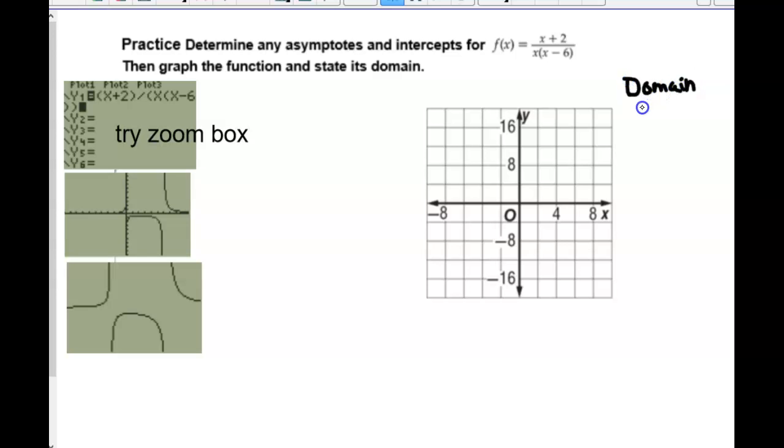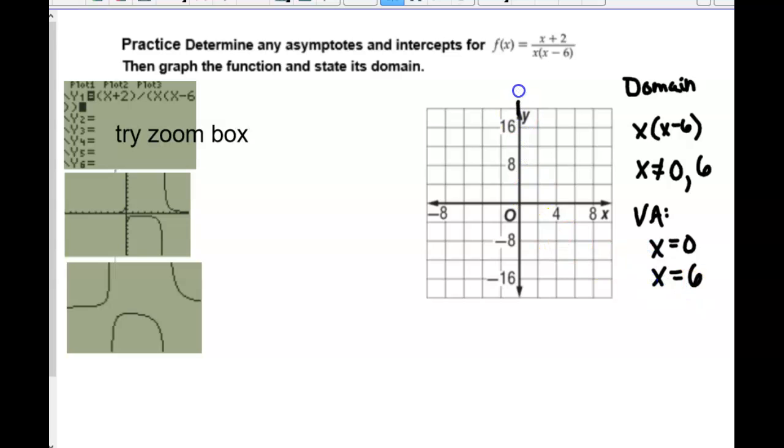What are the two things that would make the denominator 0? x cannot equal 0 or 6. So there are two vertical asymptotes. They occur at x equals 0 and at x equals 6. Now x equals 0 is the y-axis, so there's one of them.